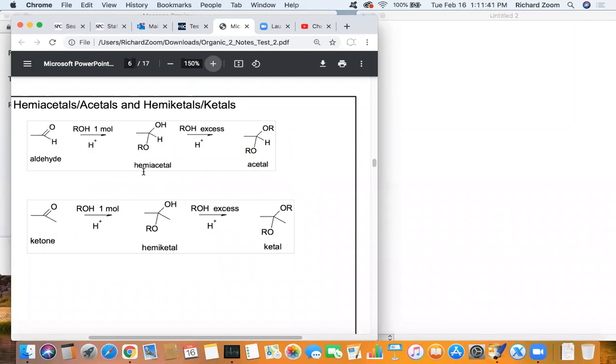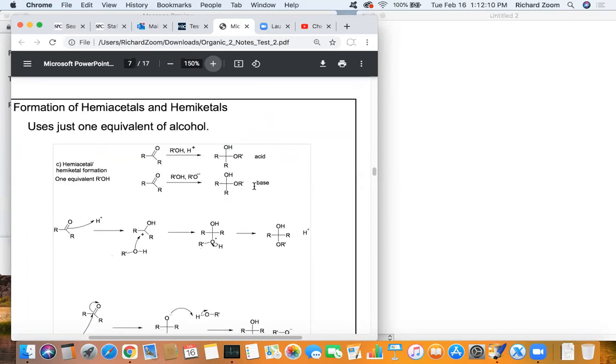Hemi is a prefix that means half, like hemisphere, for example. A ketone starting with alcohol, 1 mole will produce a hemiketal, and then 2 moles will produce a ketal. You don't need to know these names.